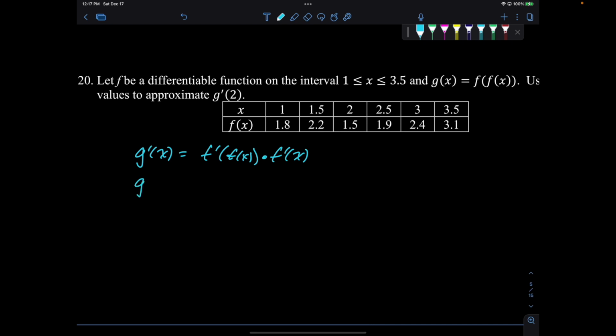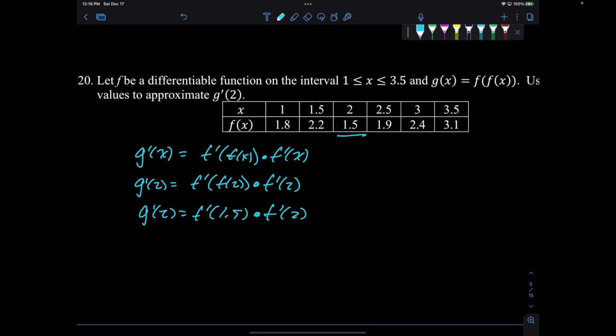So g prime of 2 is f prime of f of 2 times f prime of 2. f of 2 is 1.5. Okay, so g prime of 2 is going to be f prime of 1.5 times f prime of 2.